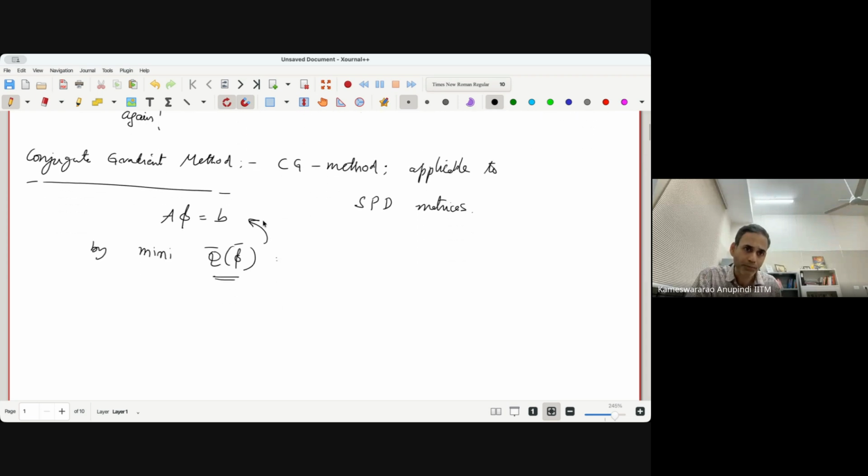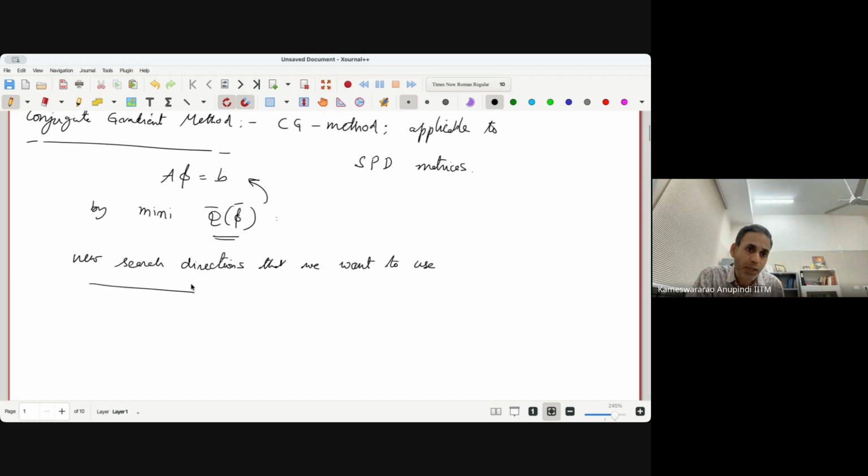Okay, now what are these new search directions that we want to use, right? So earlier we were using the residual as the search direction, but now we want to use new search directions which are essentially going to be used only once, and we are going to take exactly the right amount of step length so that we don't have to come back to the direction again.